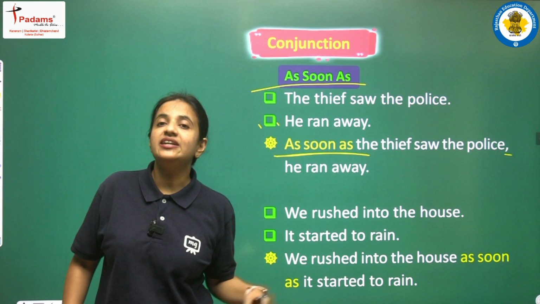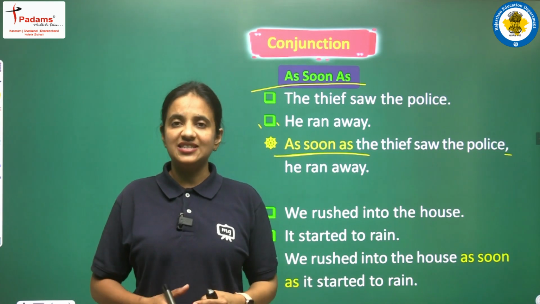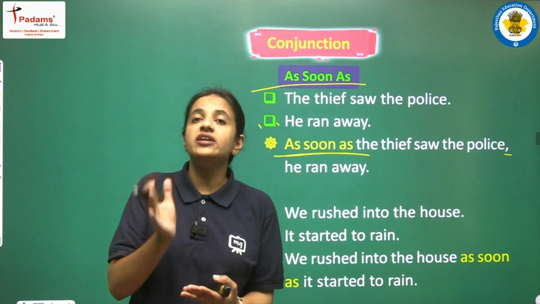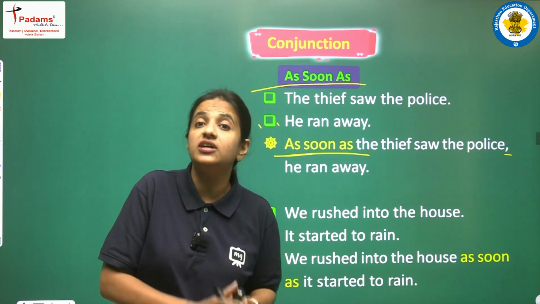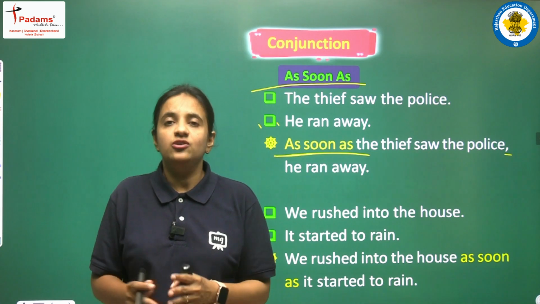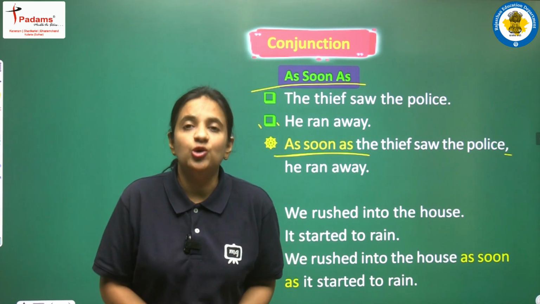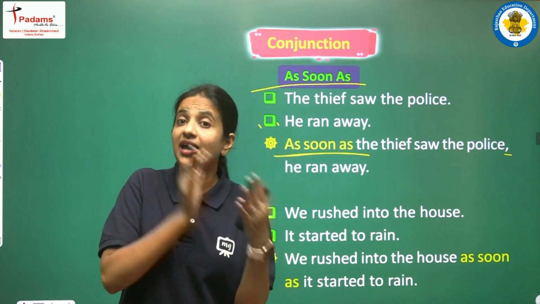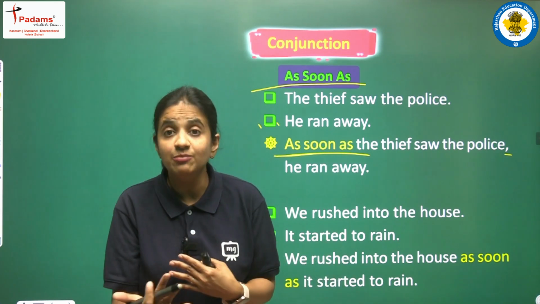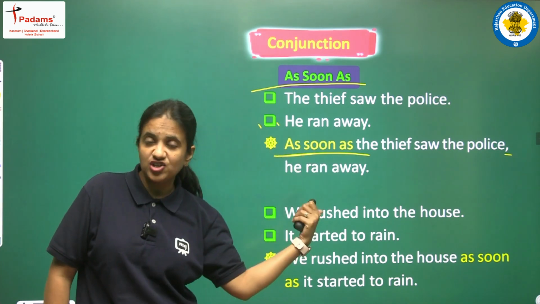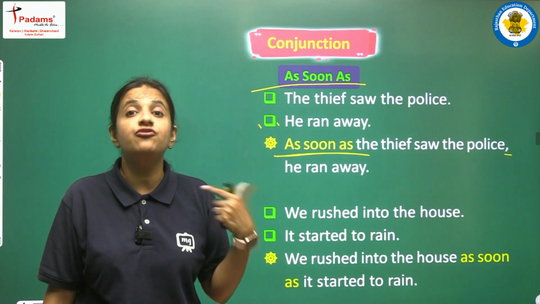So now after reading these two actions, or we can say after reading these two sentences, we have to understand what action actually happens first, right? We have to do a proper comparison, and we have to try to understand that in both actions, which action happened first and which happened after that. And as soon as will come before the action that actually happens first, right?